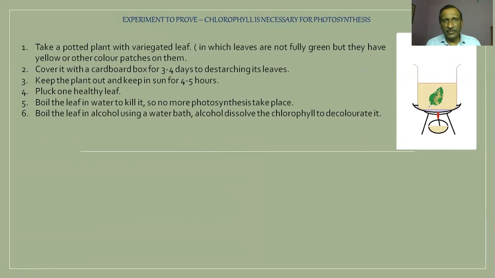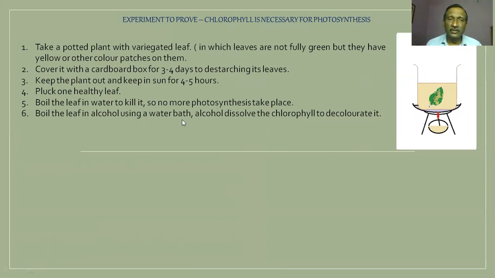Take a trace paper, keep the leaf under it, and trace the boundary of the leaf and the boundary of those portions where the leaf is green. The green one you can mark with some color and the yellow one with another, or you can simply write G for the green part and Y for the yellow part. This will be used when we find the results or observation.